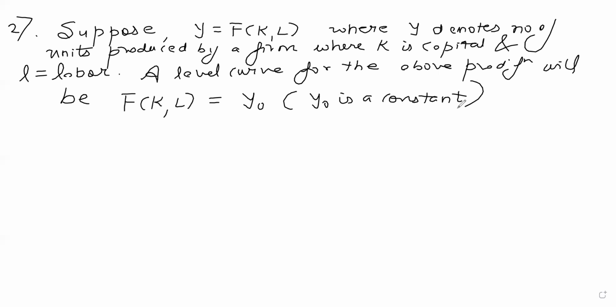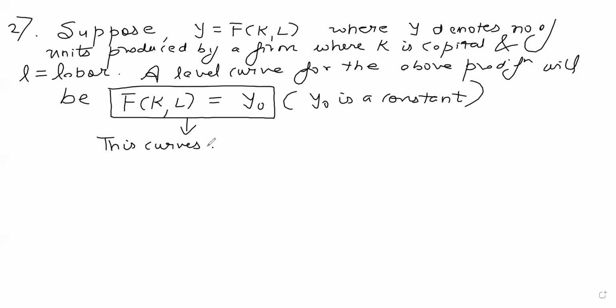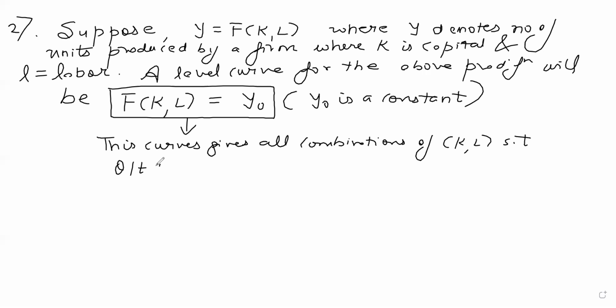Now, do you all know what this equation is called? If my production function f of KL is equal to y0, it simply means this curve gives all combinations of capital and labor such that output is constant.